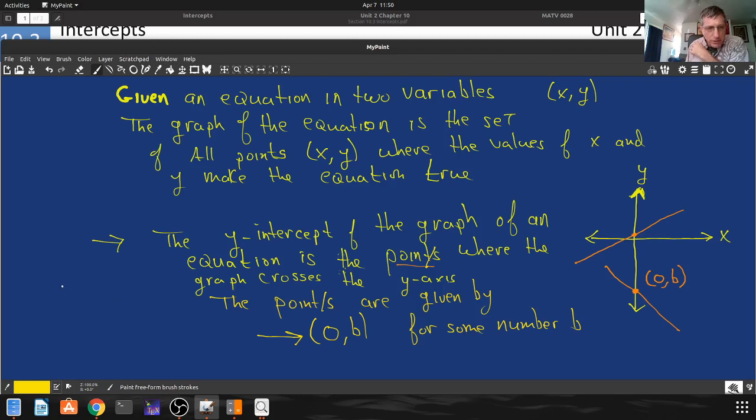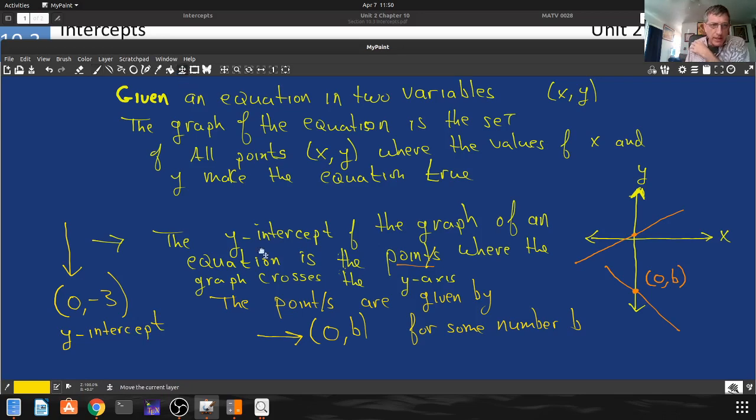So if you know the point (0, -3) lies on the graph of some equation in two variables, then as soon as you see that this first value is 0, you know that this point corresponds to the visual y-intercept, and there might be more than one. Except for this class, we're just going to be dealing with one, if they exist at all.